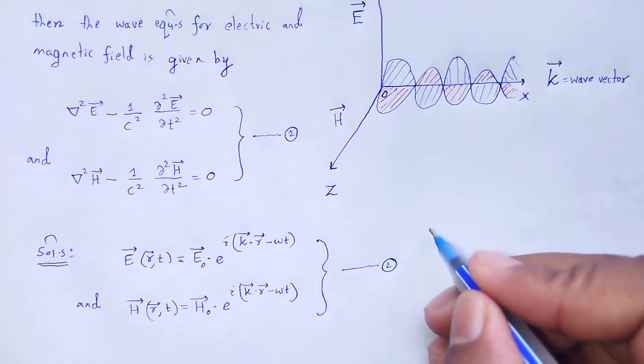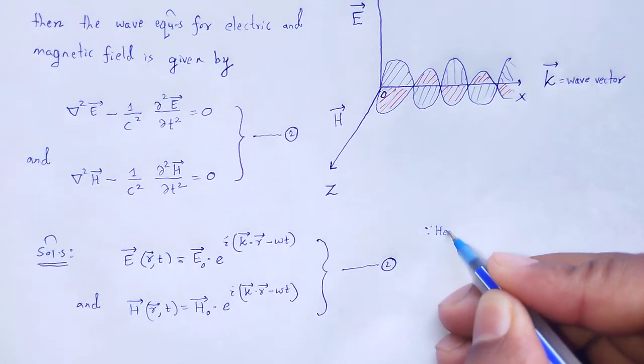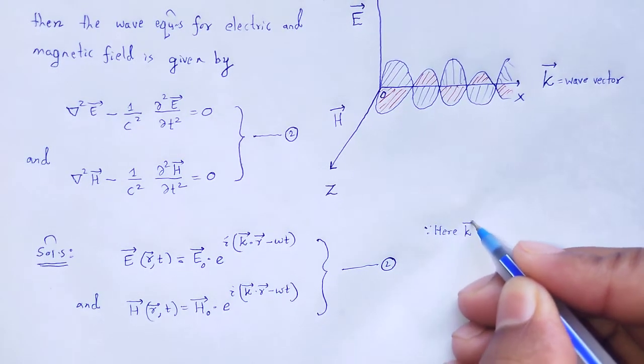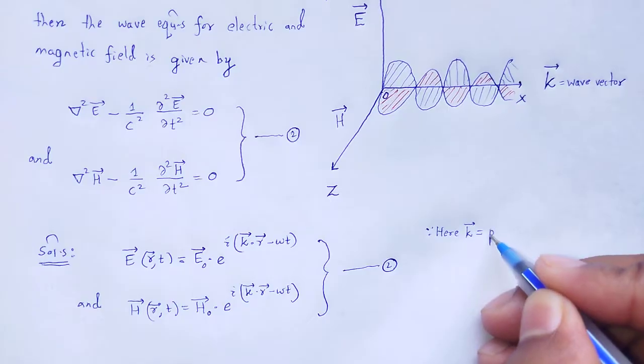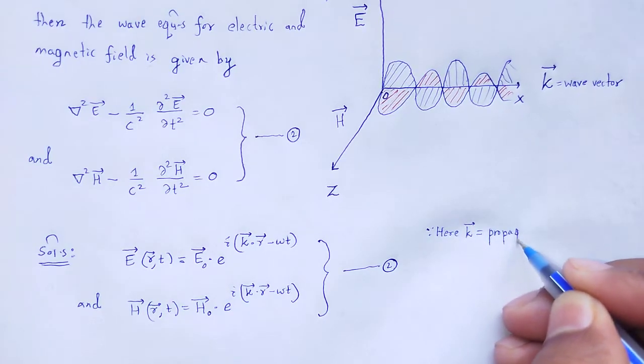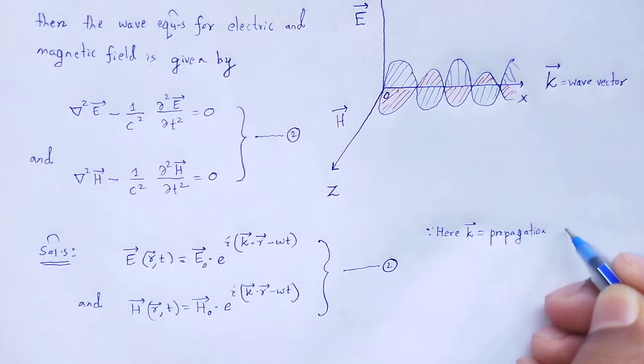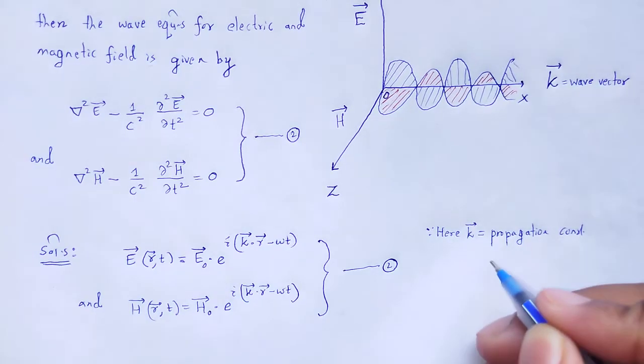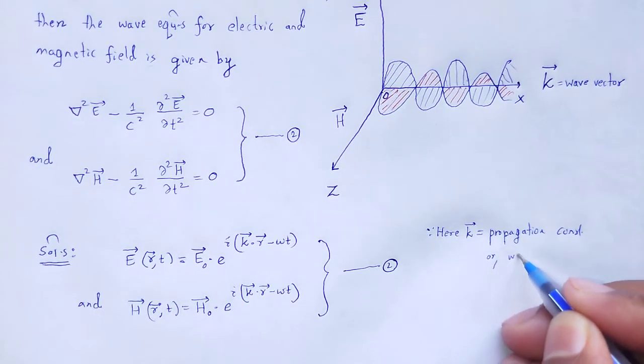Here k is the propagation constant, or we can say it as wave vector.